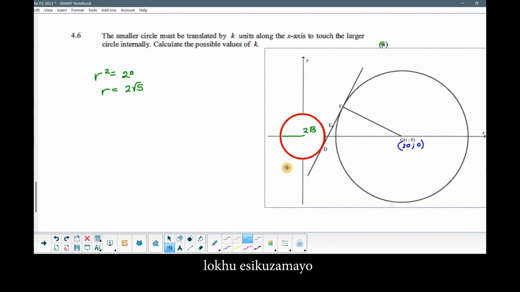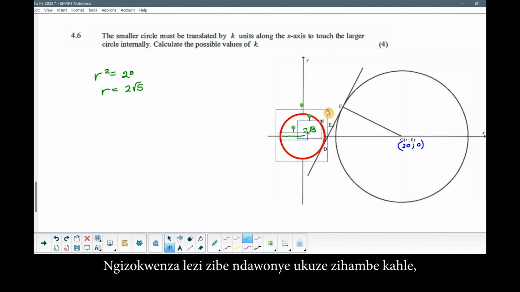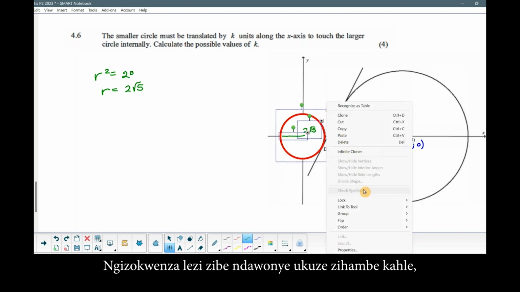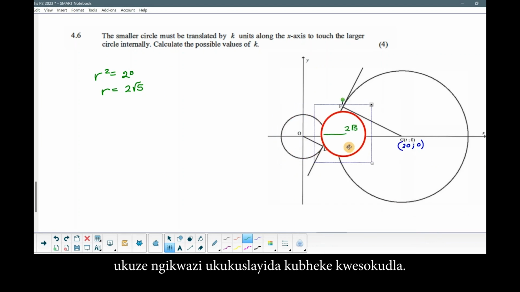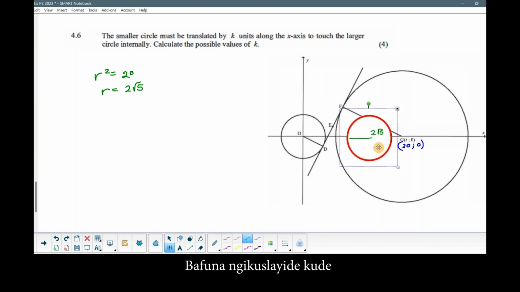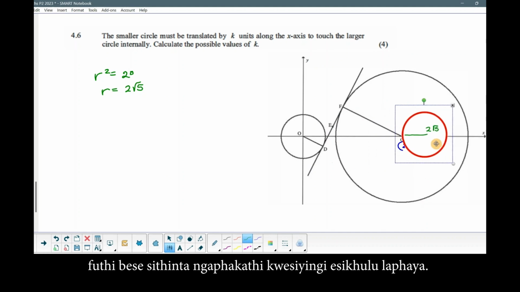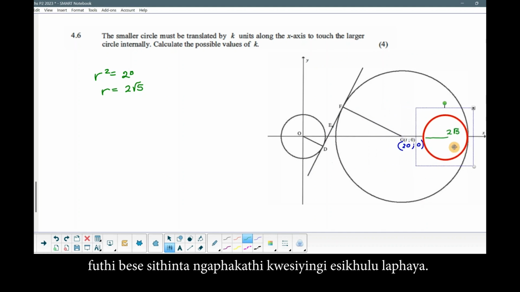All right, so what we are actually trying to do is take this circle and shift it. I just want to group these together so they'll move nicely. All right, so I can move it across. They want me to slide it across so that it just touches on the inside of the big circle on that side and then touches on the inside of the big circle on that side.